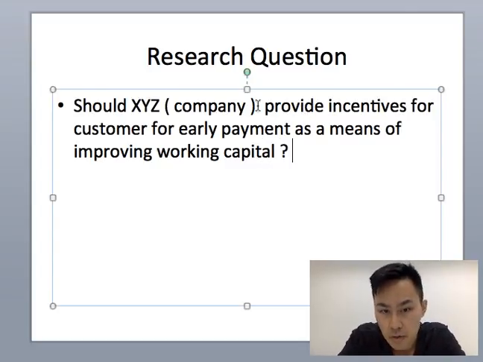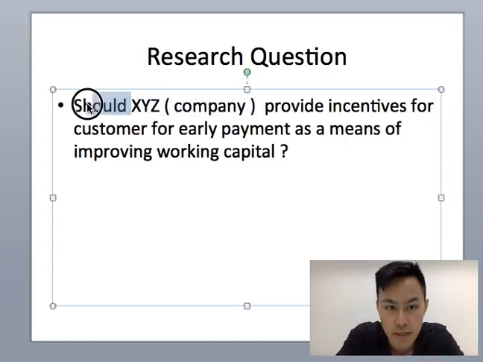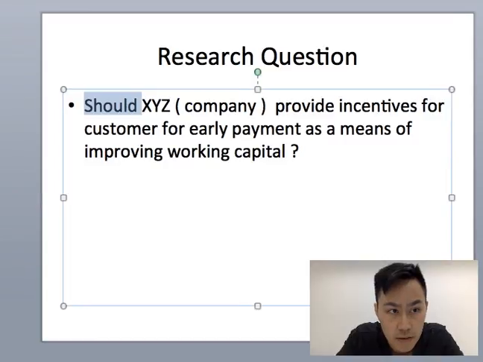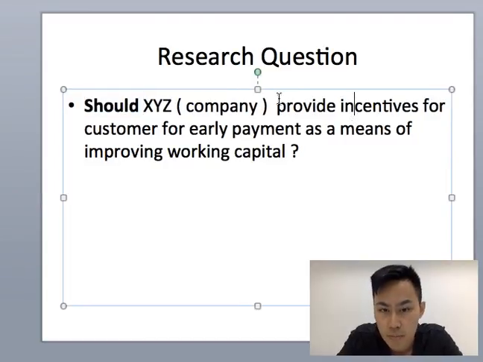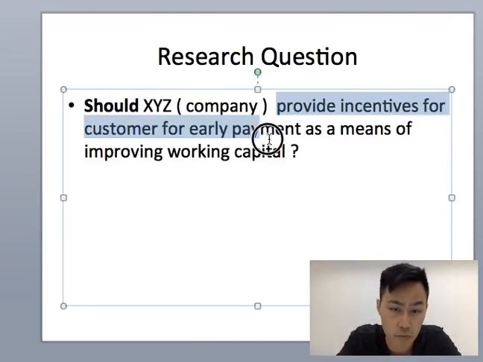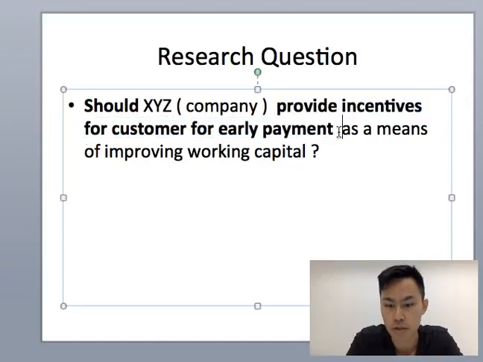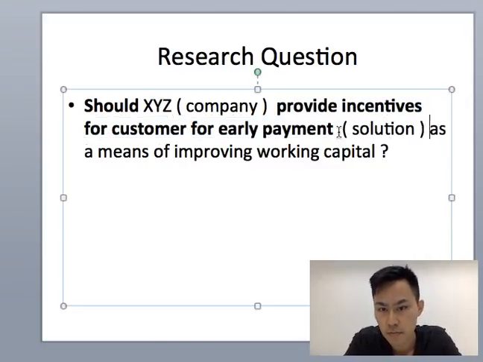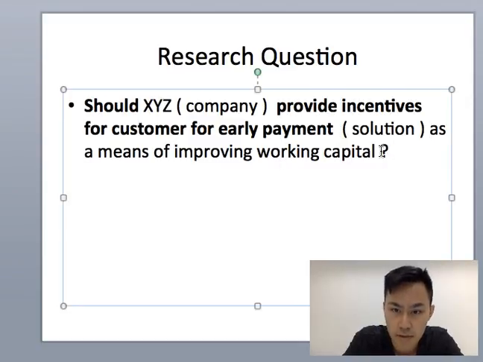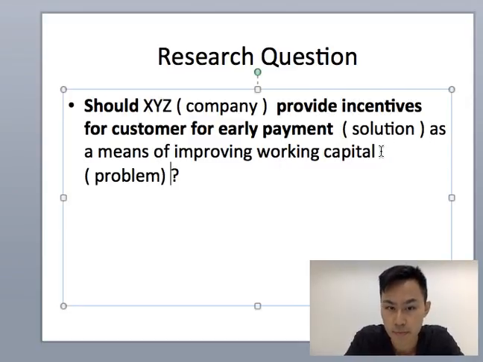You start with "should", and then provide incentives for customers for early payment. That is what we call the solution for the problem. So this is company, solution, and problem.